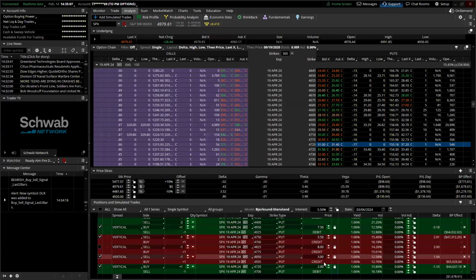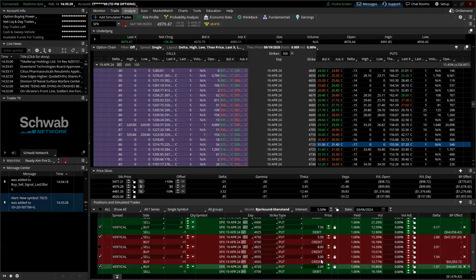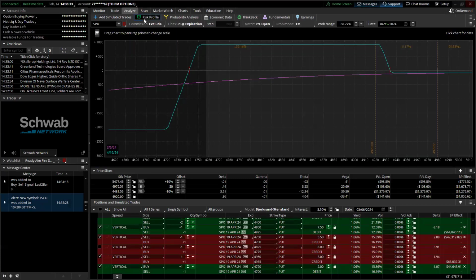So we collect $3 by rolling our 49.50 up to 49.35, and then we're paying a debit to roll our 4,700 put up to 47.20. So now we're only recovering, instead of $3, we're also spending $2, so we're only recovering $100 worth of risk to the upside. In this, right?